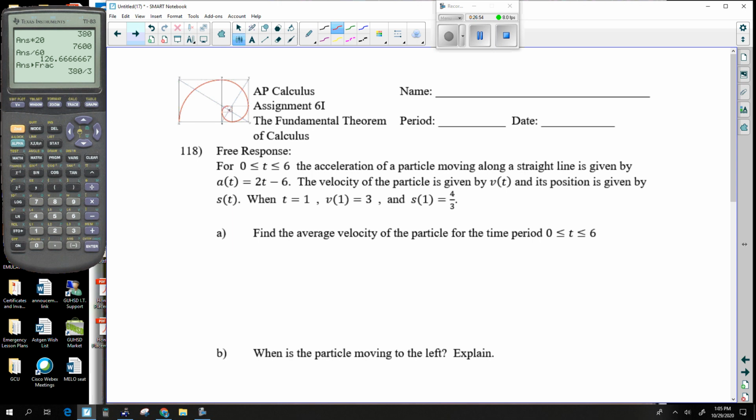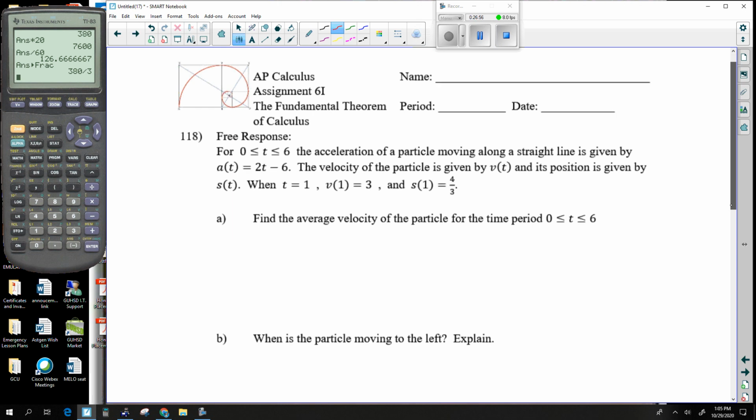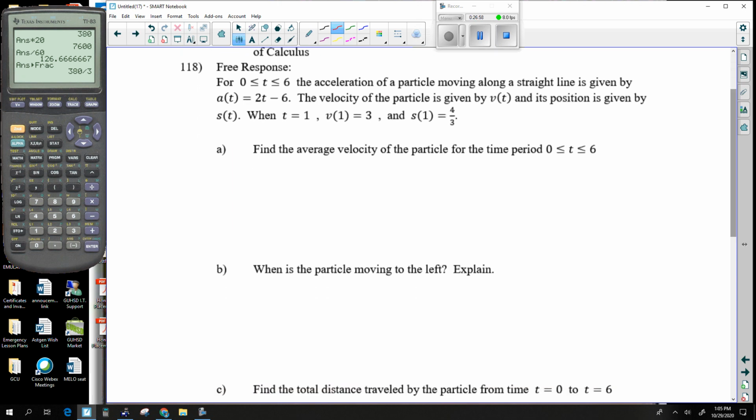Now, this is the never-ending assignment. So here we go with acceleration. Find the average velocity of the particle. Okay, so again, I'm just going to kind of keep my mind straight.